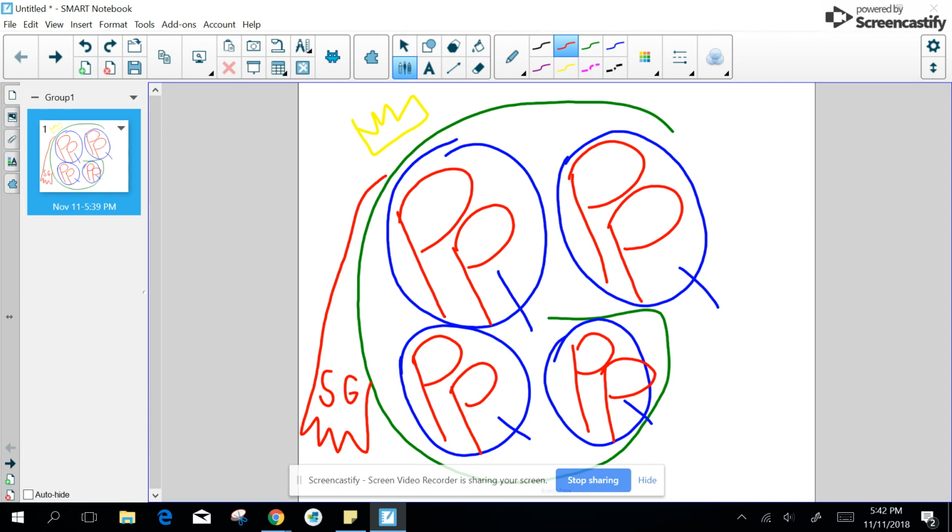Now, each prince or princess has 2 cats, and the C represents cups. So make sure you draw 2 cups in each pint.